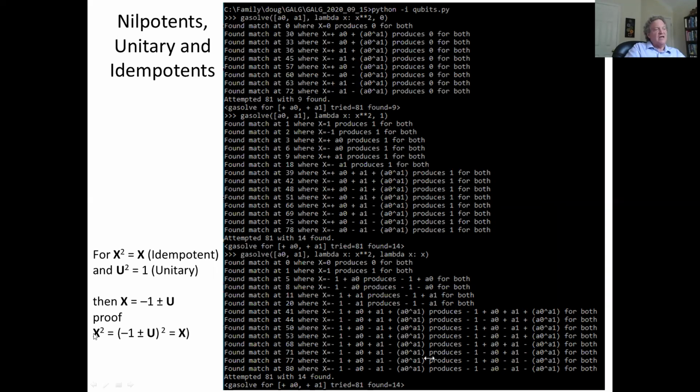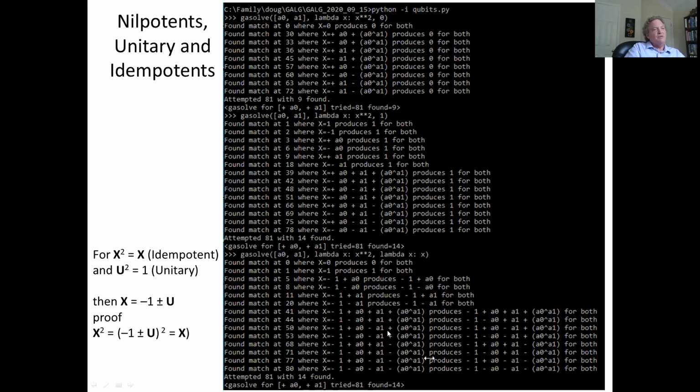The proof is you take x squared, substitute u in there, and you get x back again. So we believe that something like x squared is equal to x is directly related to the unitary things, and that particles and idempotent behaviors are connected by this formula.